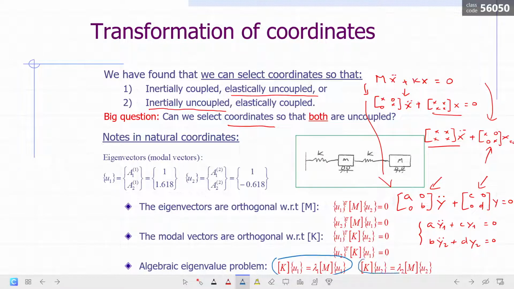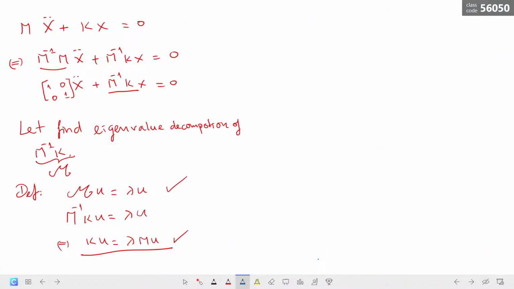So K times u equal to lambda times M u. But this one, if you look at this, you find that this is not very obvious corresponding to the definition. That's why I show this way.